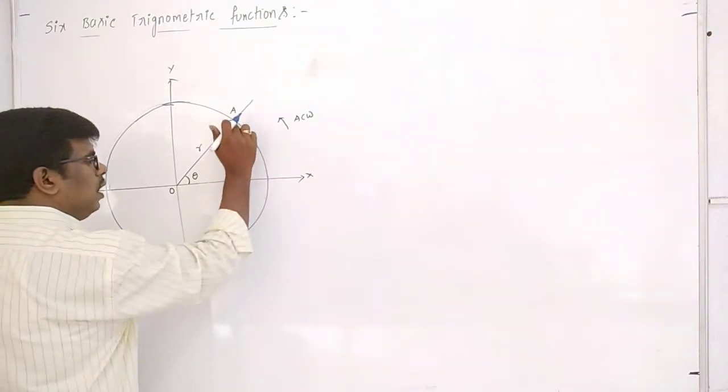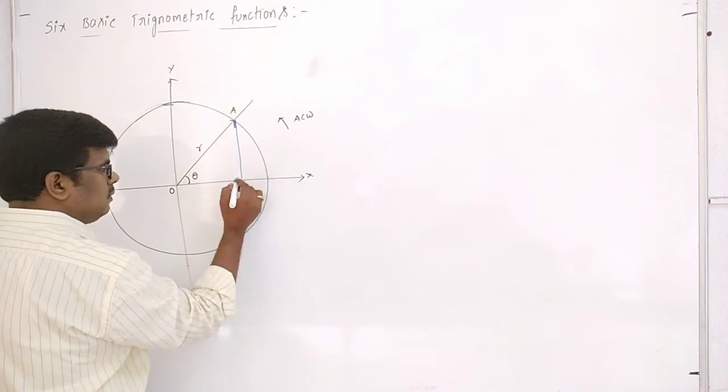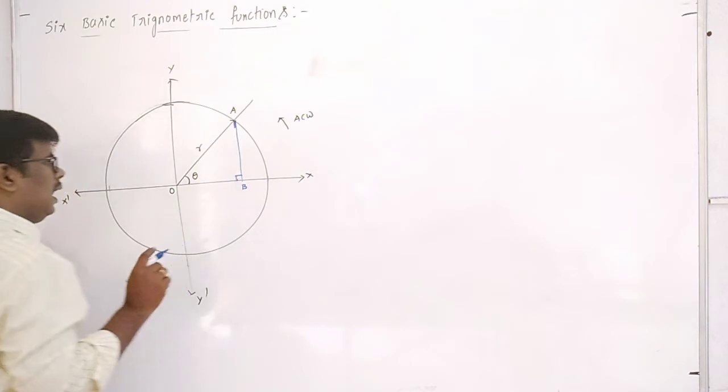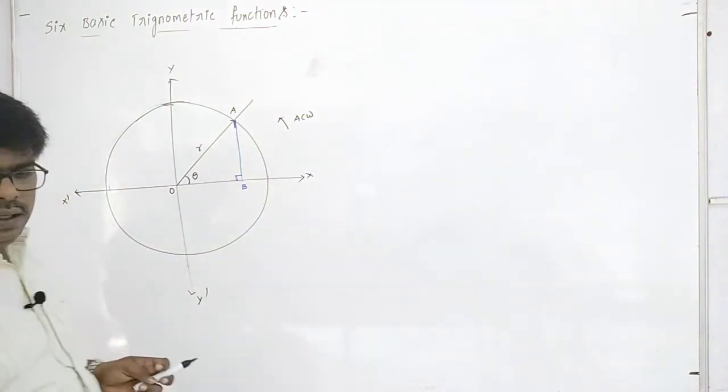Since this normal is drawn on the x-axis, the angle made here is a right angle, 90 degrees.